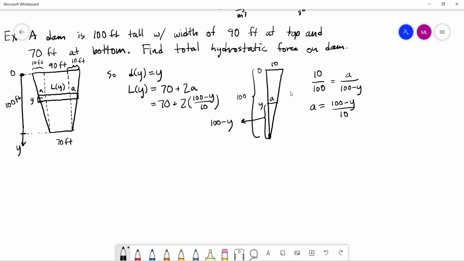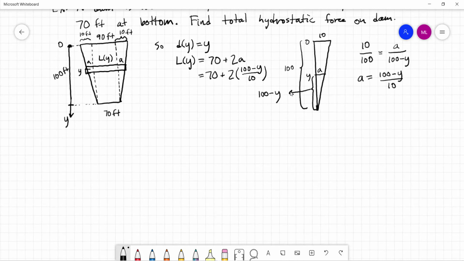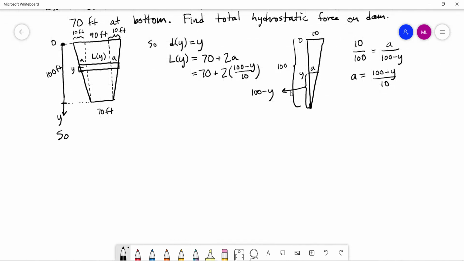So there's my L. And now we can put everything together, and we get the following. Our total force on this dam is going to be rho g, and we'll come back to what that is in just a minute, times the integral from 0 to 100. I want the full depth.